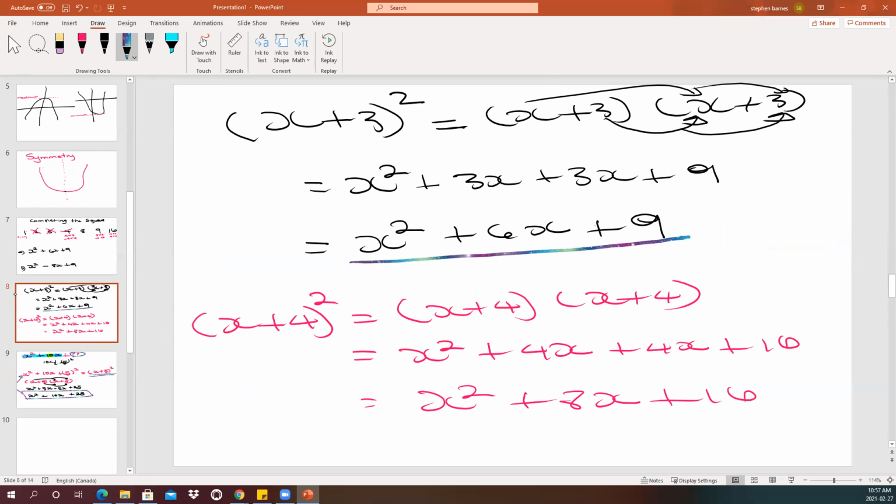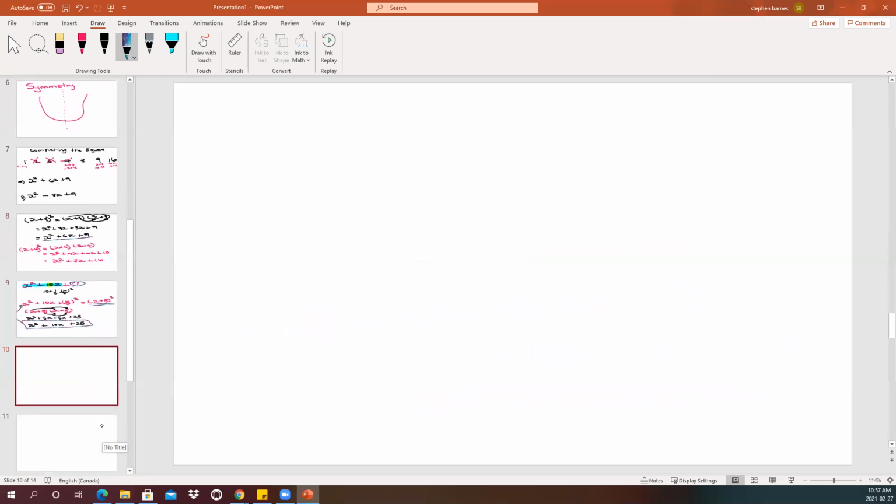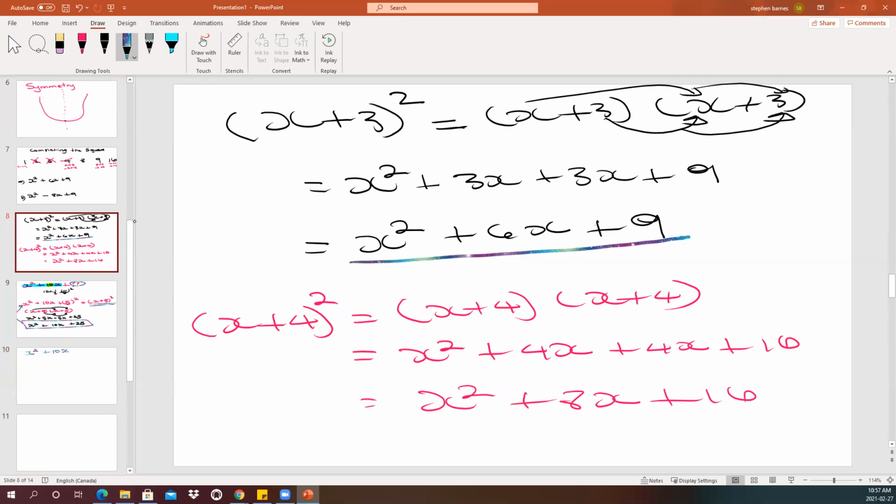So if you have a question that gives you an algebraic expression like x squared plus 10x and asks you to make it into a perfect square, you should say, this is an incomplete trinomial, because if you multiply two brackets that are squared, you should get something in the quadratic trinomial form, yes?